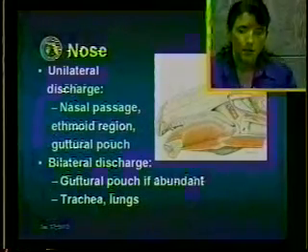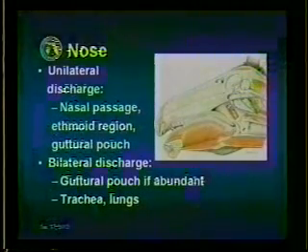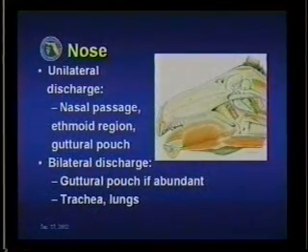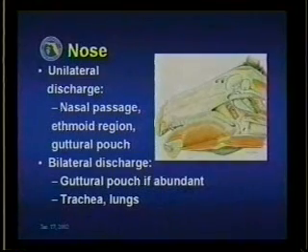In general, we consider that a unilateral discharge will come from anywhere from the nostril to the throat. And this can be affected when nasal passages are affected, or the ethmoid region, or the guttural pouches, which are structures located at the back of the throat, and as we'll see a little bit further down, can be affected by various diseases.